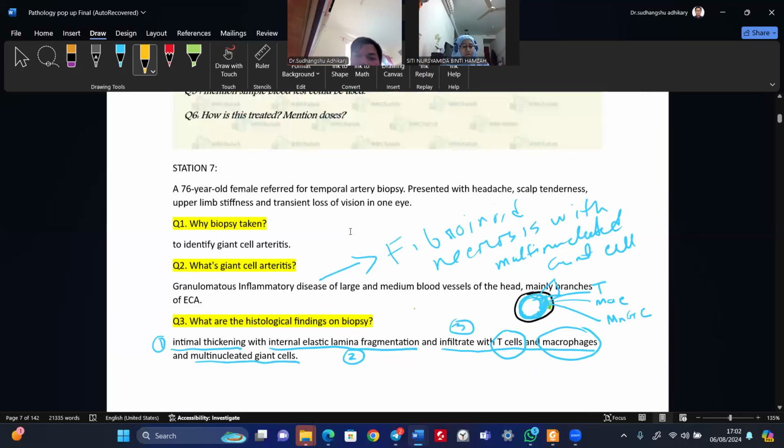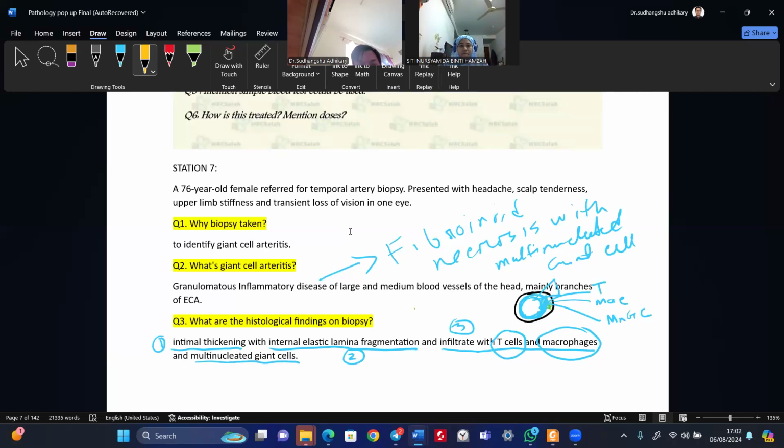Why is a biopsy taken? To identify giant cell arteritis and confirm the diagnosis.